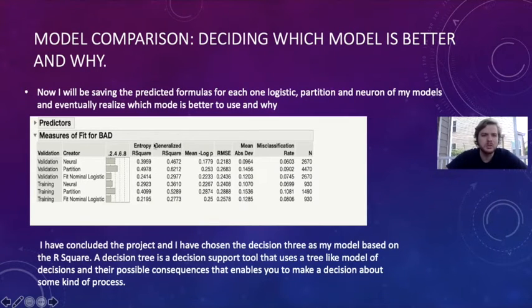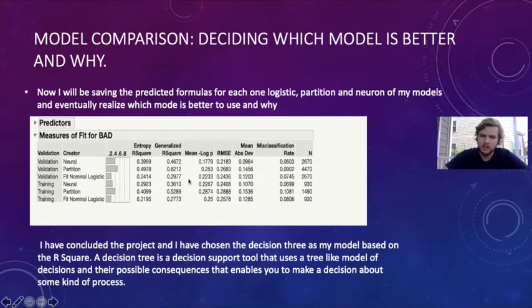And in order to do this, JMP pretty much looks for the model that has the highest R square. And as we can see here, the partition, the decision tree, was my best model. And I have concluded that the decision tree was my best model based on the R square as mentioned.